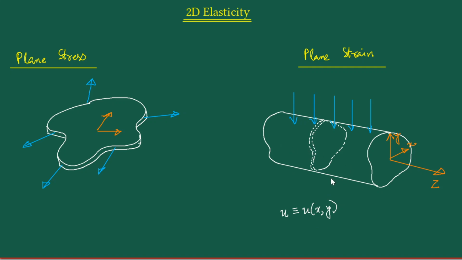Because there is no dependence on z, we are free to choose these slices anywhere. Similarly, the y component of the displacement will have a functional dependence only on x and y. Again, there is no z dependence. In a similar fashion here, the stress components which have anything to do with the z direction. Okay, so let me just write it here. So this is my x and this is my y.